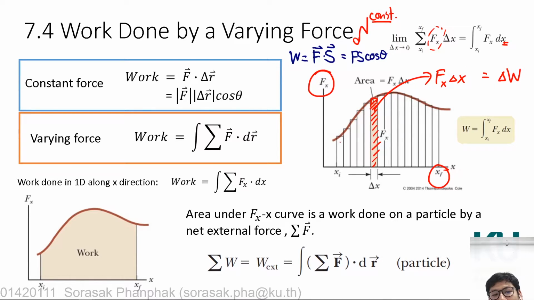If you would like to have the whole area under the curve of F(x) versus x, you can do some integration. Integration is what you do for a continuous combination. So you combine all these areas together to get the final work on the system, which can be done not only in one dimension but also in three dimensions.